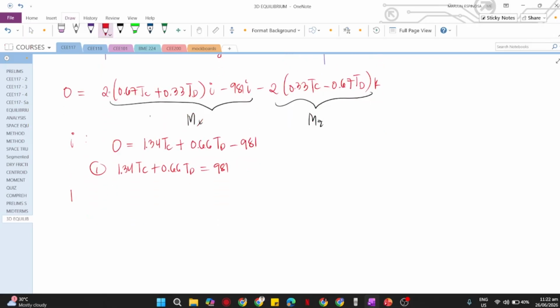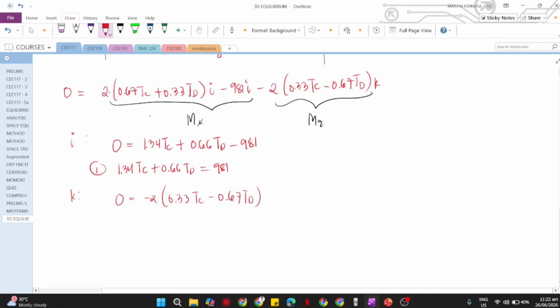Now, let's equate all that have unit vector k. So, dito sa left-hand side, that is always 0 pa rin. So, we have here negative 2 times 0.33. So, let's multiply na lang this one. Or we can just put na lang this one, 0.33 TC, okay, minus 0.67 TD. Okay.